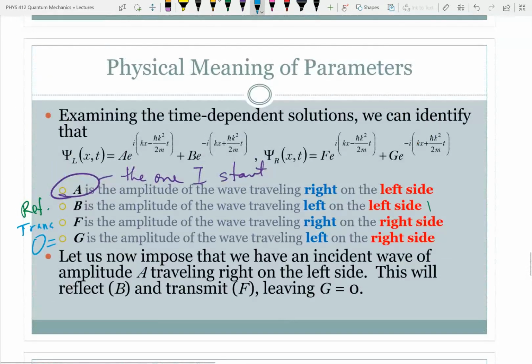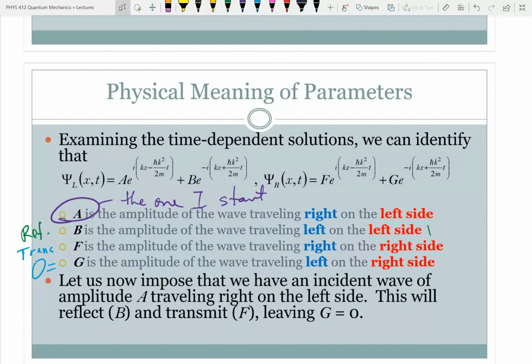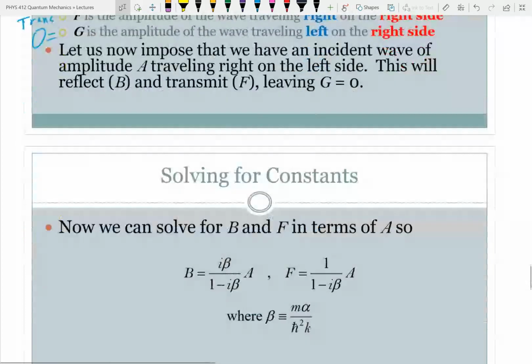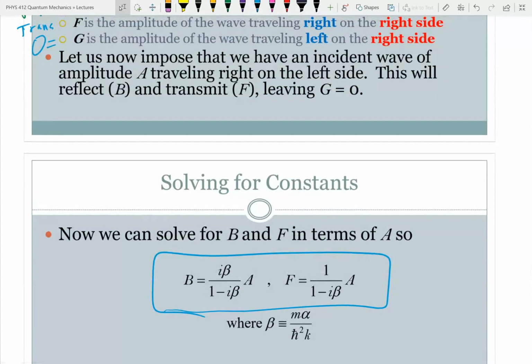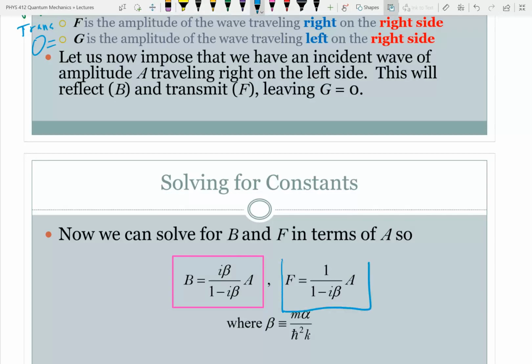So you being the students, how should I go about solving this now? I want to find these two equations. How would I go about it? I want to get these exact two equations. That one and that one.